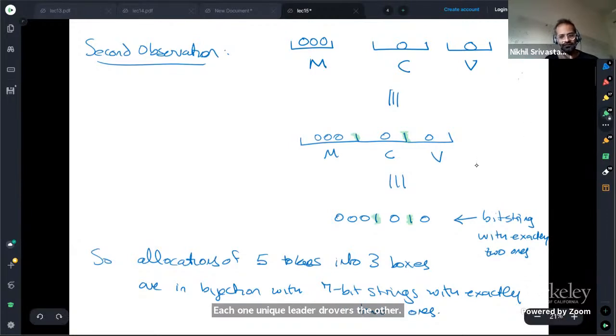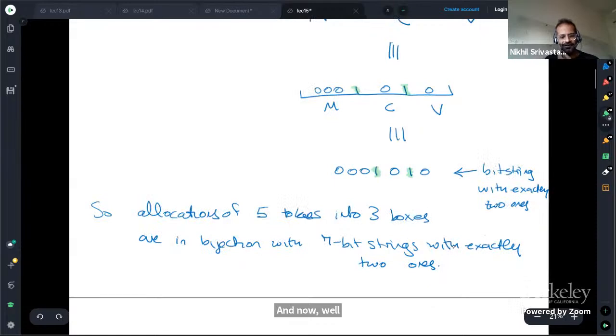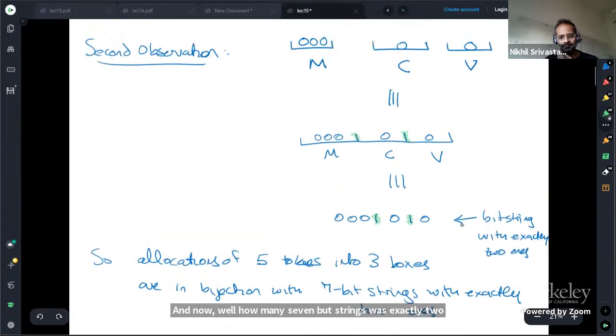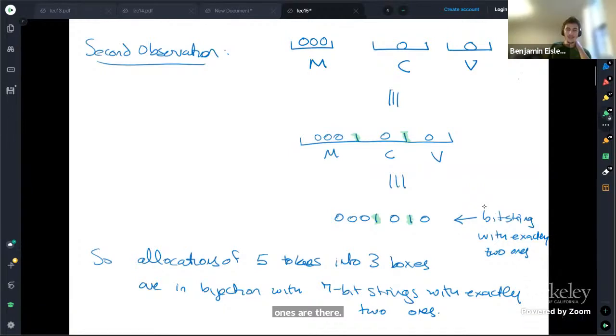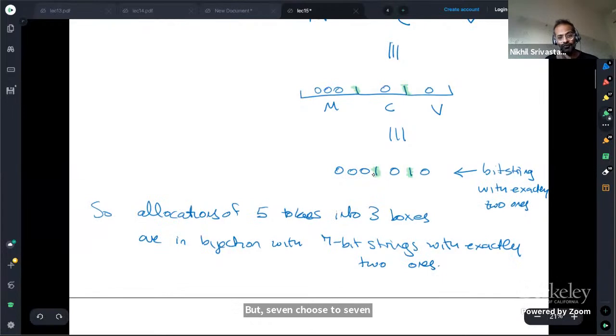And now, well, how many 7-bit strings with exactly 2 ones are there? 7 choose 2, because all you have to do is choose the position of the 2 ones.